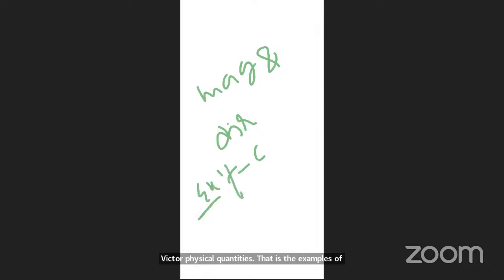Physical quantities are two types: vector physical quantity and scalar physical quantity. What is a vector physical quantity? It is one which has both magnitude and direction. What are examples of vector quantities? Acceleration, velocity and force.